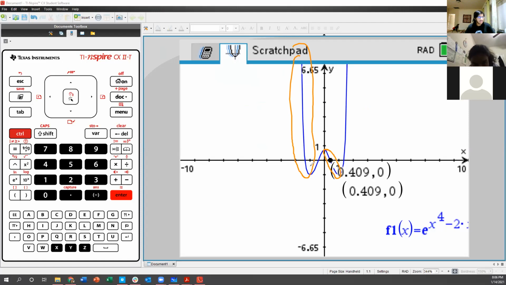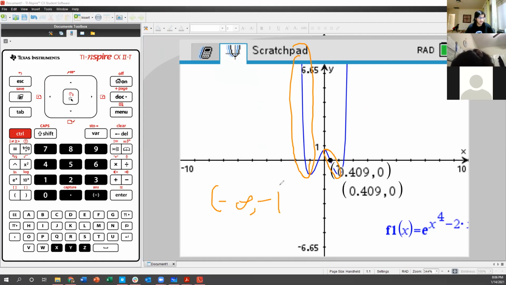So it's decreasing on two intervals. Whatever this value is, I'm not sure. It looks somewhere close to -1. So it's decreasing on negative infinity to -1, something of that sort, union 0, comma, somewhere around +1, a little bit more than +1, but I don't know yet.